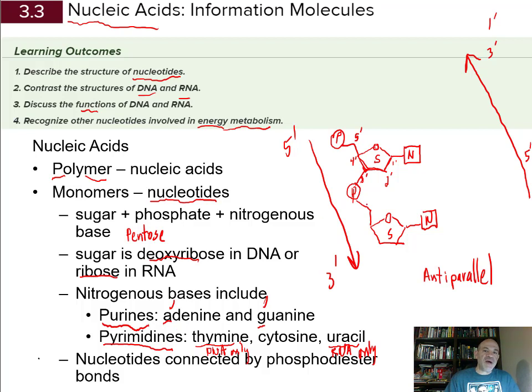Now, the bonds that occur, if we go back and look at what the phosphate group looks like, remember the phosphate has 4 oxygens around it, so this is a group of atoms that has phosphorus in the middle, so that means there's an oxygen on both sides of the phosphorus, and anytime you have that oxygen then connected to a carbon on those sugar molecules, it's a kind of bond in organic chemistry we call an ester bond.